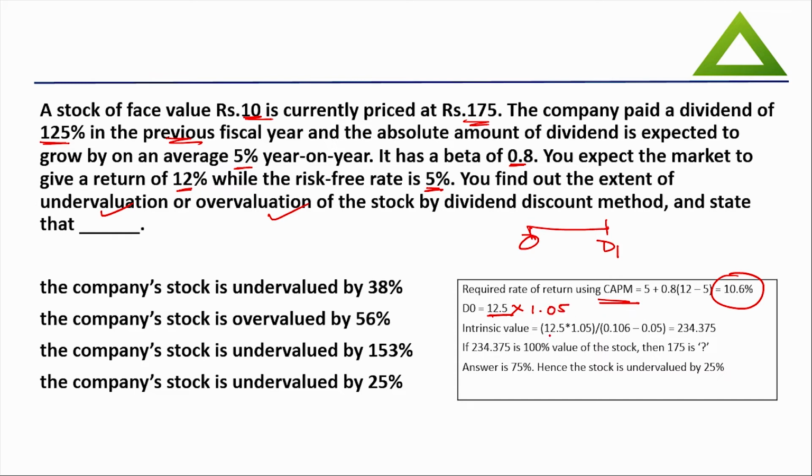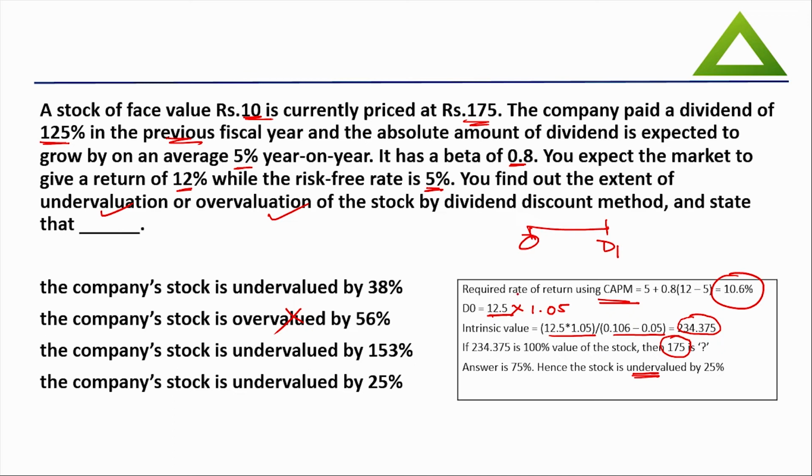That will give me D1, divided by KE minus G. So this is the intrinsic value of a share, whereas currently the share is available at a price of 175. So it is clearly an example of undervaluation. So we are anyway eliminating this option. We have got 3 undervaluation options.